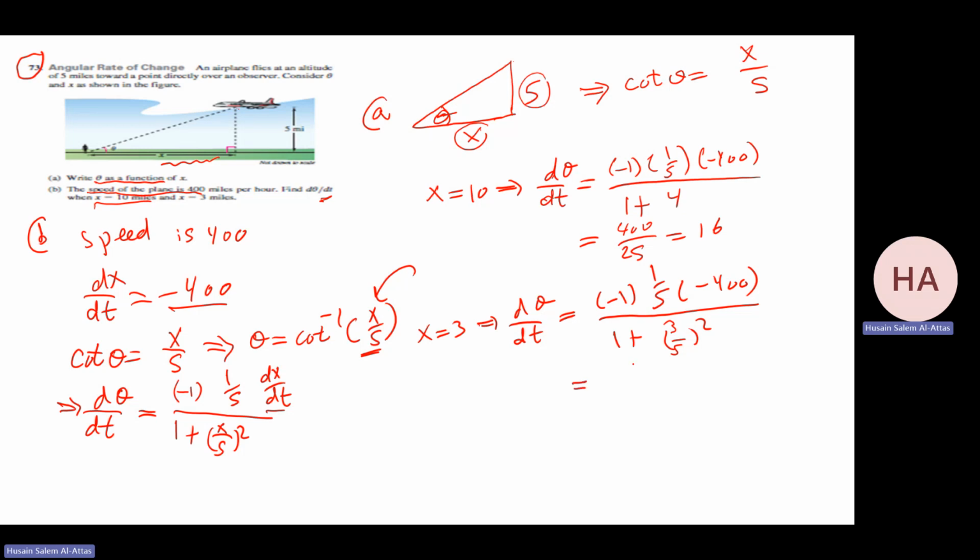That will give me what? 400 over 5, which is 80, over 25 plus 9, 34, and this is times 25. Who cares? Yeah, something like this.